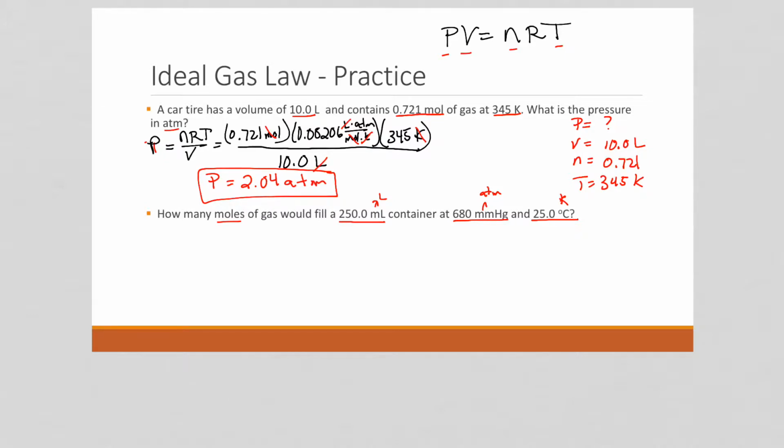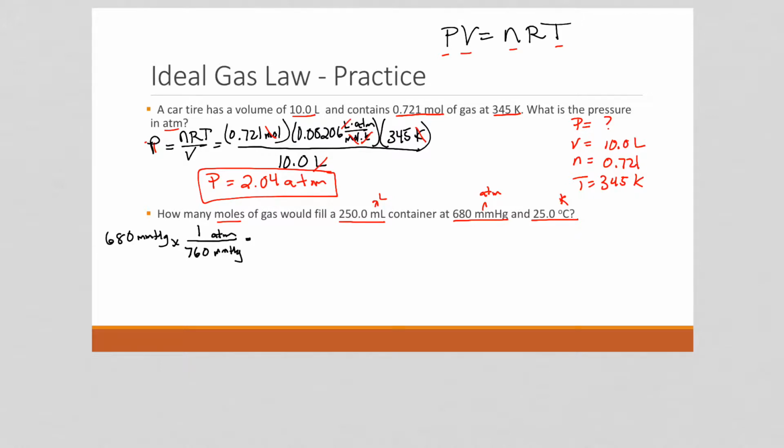Let's start with the unit conversions. I have 680 millimeters of mercury. I want to go to atm, so I'm going to have atm at the top, millimeters of mercury at the bottom, and my conversion is 1 atm equals 760 millimeters of mercury.